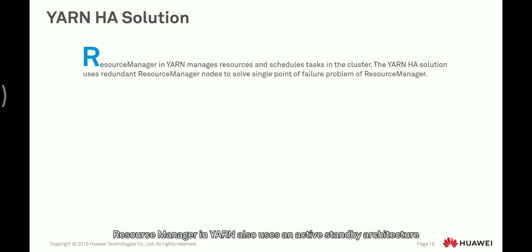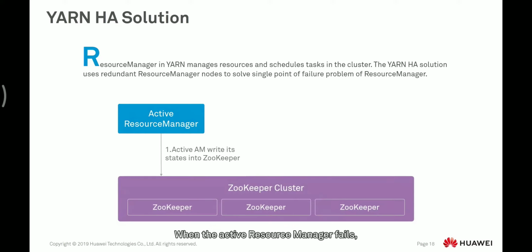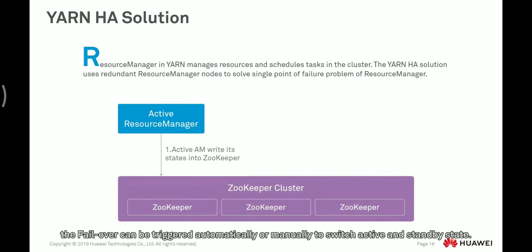Resource Manager in Yarn also uses an active/standby architecture, which ensures high availability. Similar to the HDFS HA solution, when the active Resource Manager fails, the failover can be triggered automatically or manually to switch active and standby state.